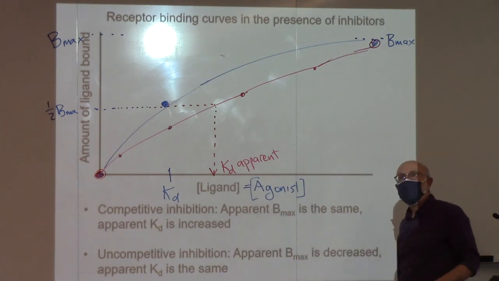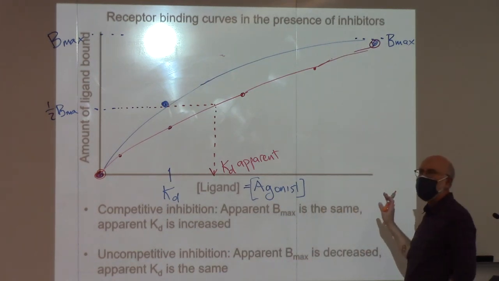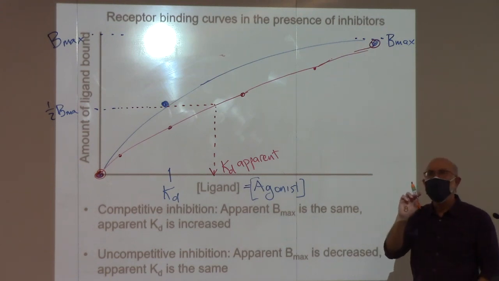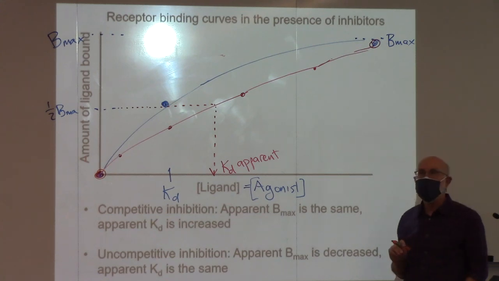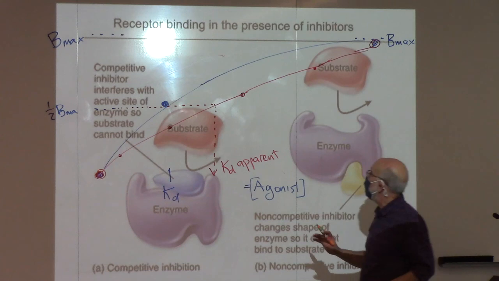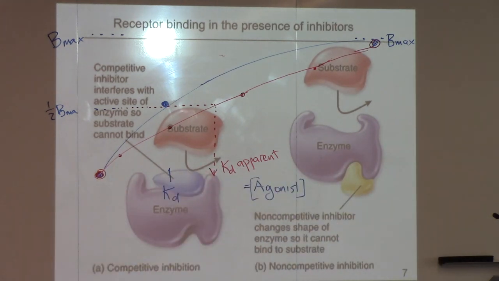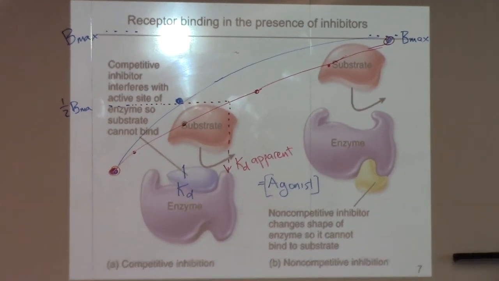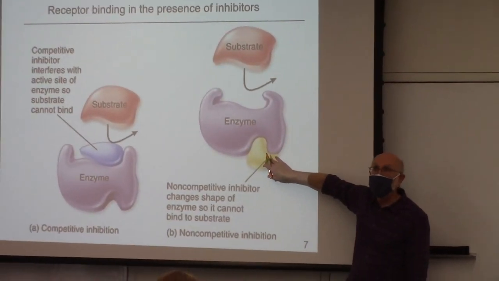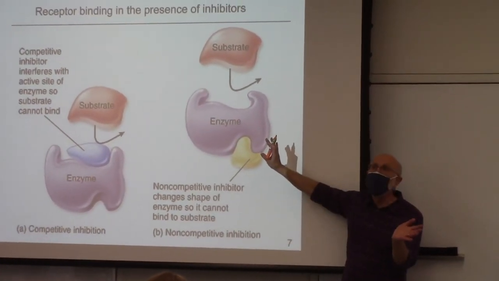If I have a huge concentration of agonist, but I have some non-competitive antagonist, do I have the same Vmax? I don't. Because some of the time the receptor is occupied by the allosteric antagonist and is out of commission.